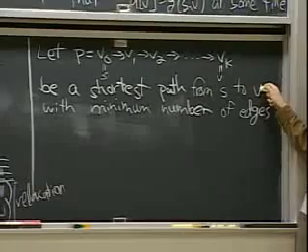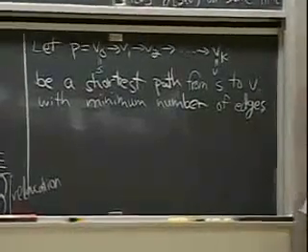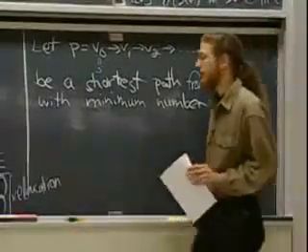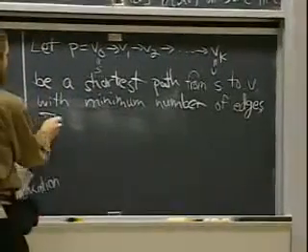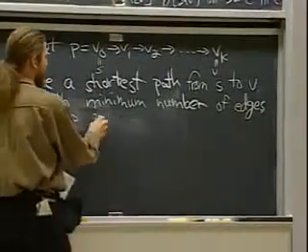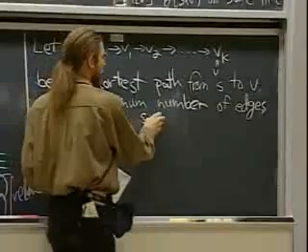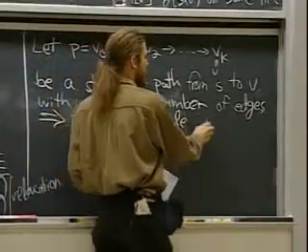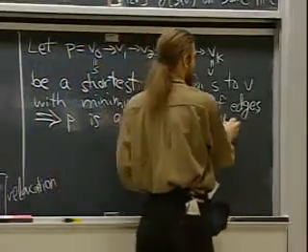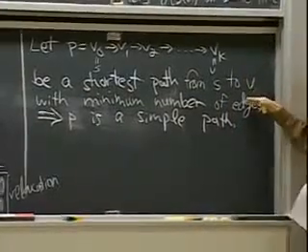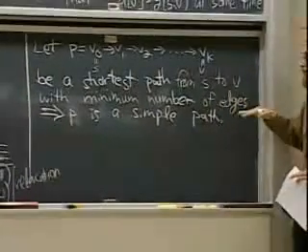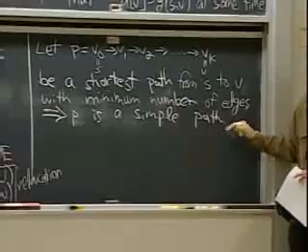Subject to being shortest in weight, I want it to also be shortest in the number of edges. And the reason I want that is to be able to conclude that P is a simple path, meaning that it doesn't repeat any vertices. Now, can anyone tell me why I need to assume that the number of edges is the smallest possible in order to guarantee that P is simple?